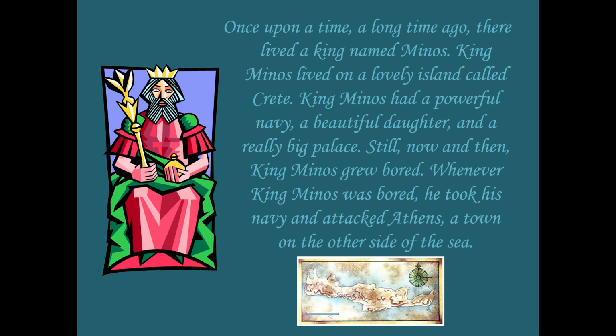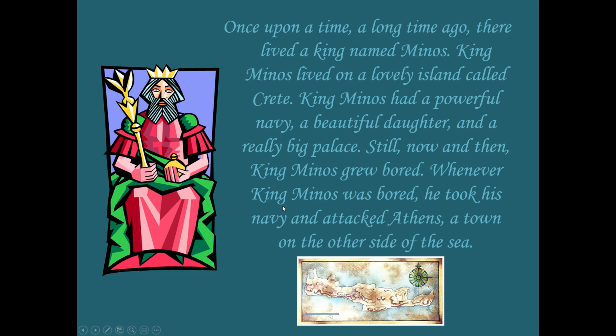So basically, the story goes like this: once upon a time, a long time ago, there lived a king named Minos, and he lived on the island of Crete, and he had a powerful navy, a beautiful daughter, and a really big palace. That is the palace of Knossos, which you learned about from the other slides just now.